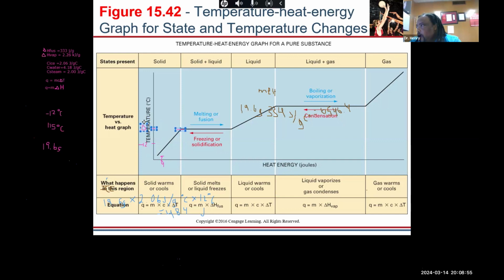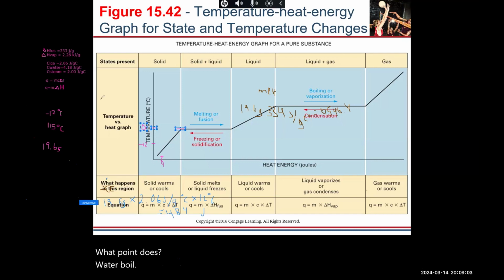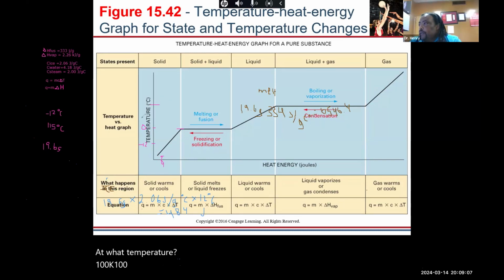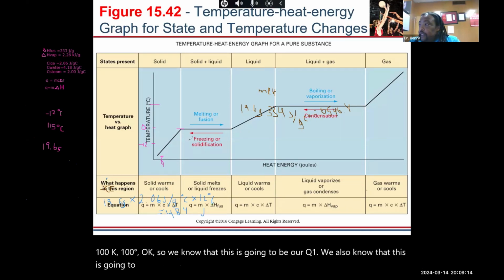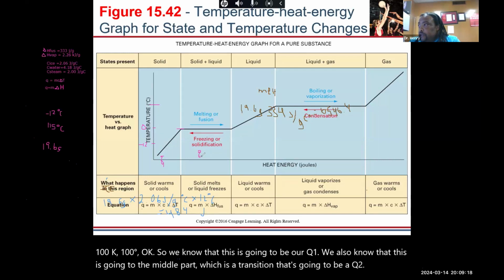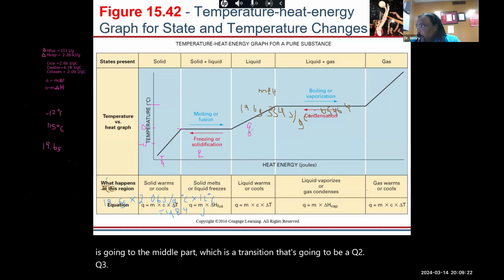And then at what point does water boil? 100 degrees. 100 degrees. Okay. So we know that this is going to be our Q1. We also know that the middle part, which is the transition, is going to be Q2. Q3 is going to go from 0 to 100.